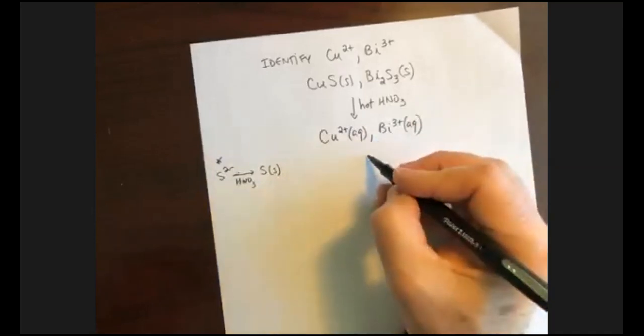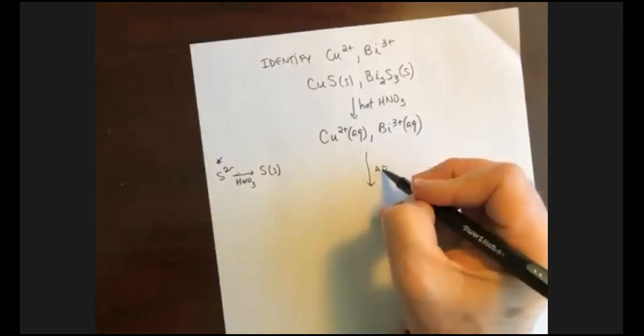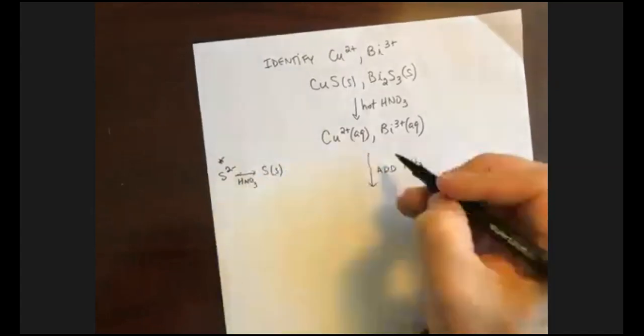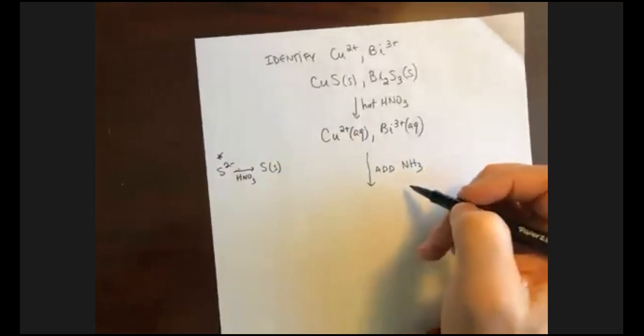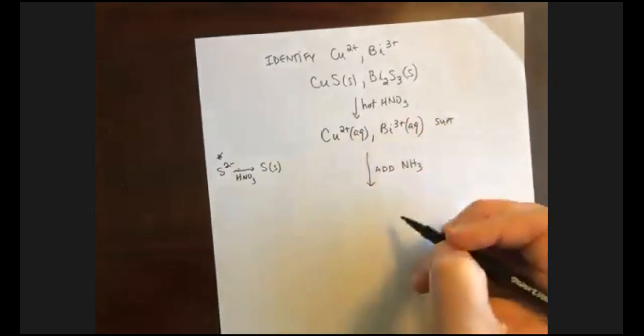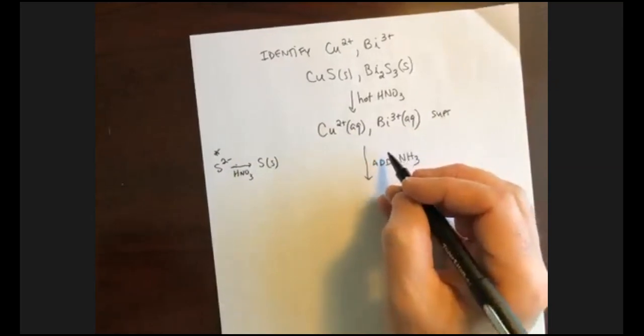So what I'm going to do now is add ammonia. After I separate that pellet out and I have a supernatant that has the ions in question, I'm going to add ammonia. Ammonia is going to separate these two for the following reasons.